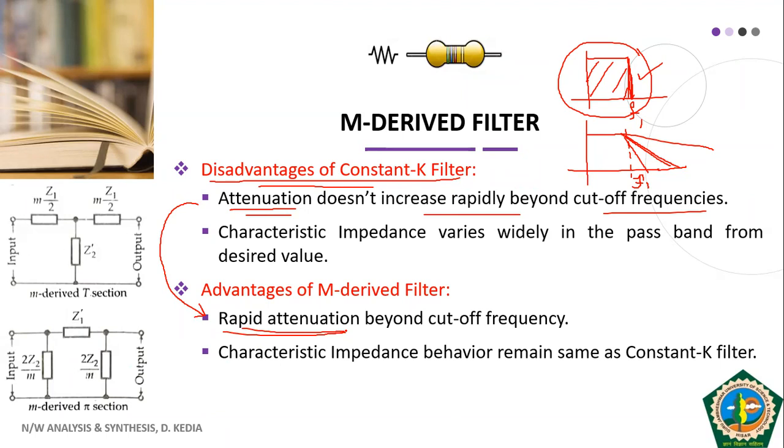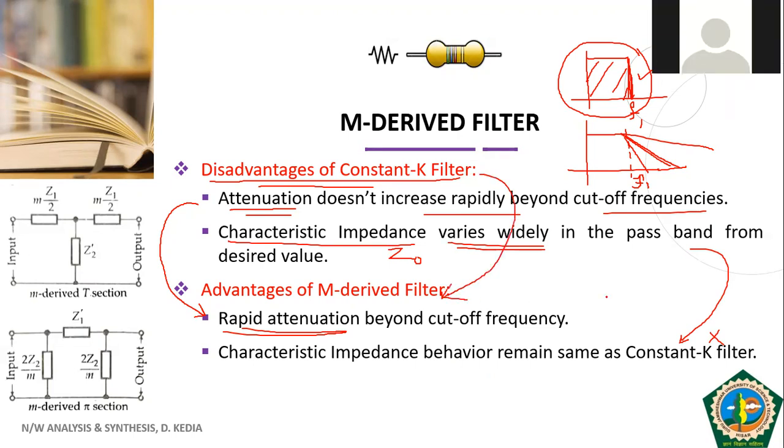Okay. Now, second disadvantage with constant K filter is that the characteristic impedance Z naught that we had defined there, it was not constant, it was varying. So in terms of this parameter, we do not get any advantage in M derived. So when we move from constant K filter to M derived filter, we get the advantage only in terms of attenuation.